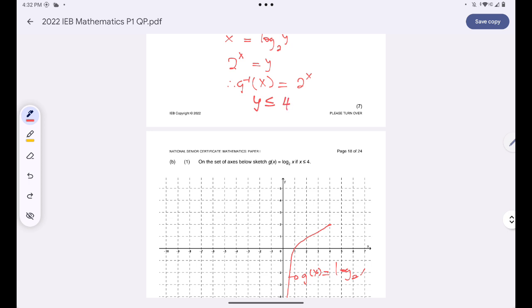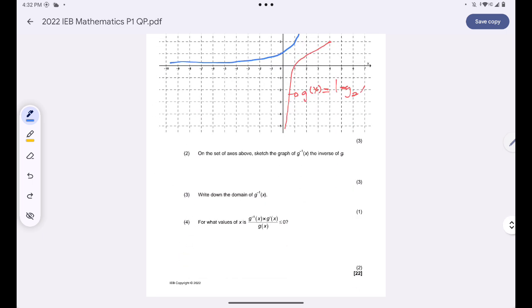So whenever I draw my inverse function, let me draw it in blue. It will be like that. Are we together? And it's not supposed to surpass the point 2, 4. The y value is not supposed to be above 4.